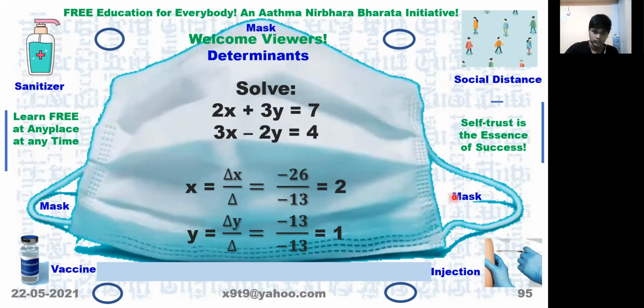So for a second order determinant, we will have to find first delta, which is coming in the denominator. Then you have to find delta x and delta y. Delta comes by writing coefficient of x in the first column, coefficient of y in the second column. Delta x means these x coefficients we replace by the constants and write the y coefficients as they are, in the same place.